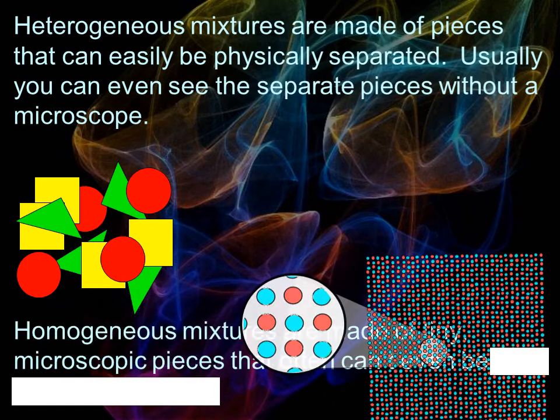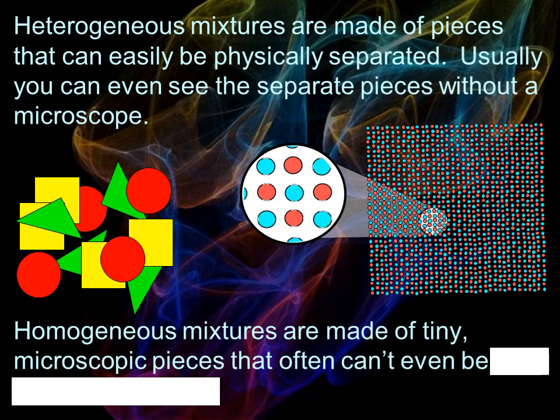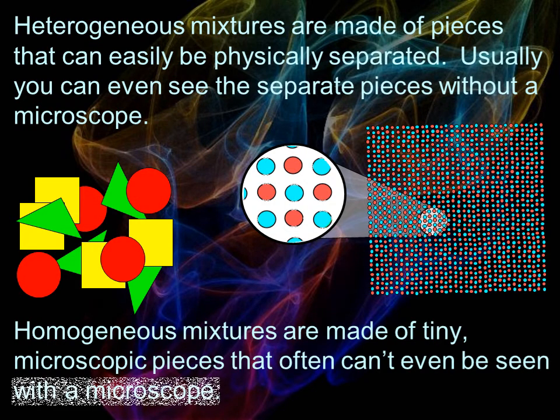You can easily see the different pieces. And homogeneous mixtures are made up of tiny little microscopic pieces that frequently cannot even be seen without a microscope. So if you have little tiny pieces so small you can't easily tell that they are separate, then we would say that's a homogeneous mixture. If you can easily see the differences between the different pieces, you probably have a heterogeneous mixture.